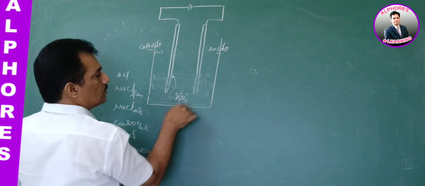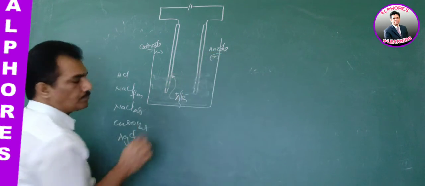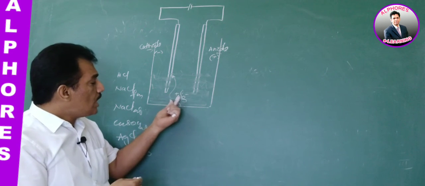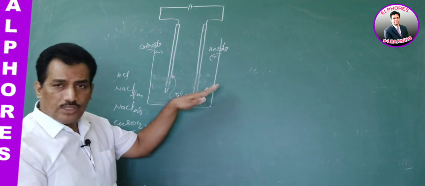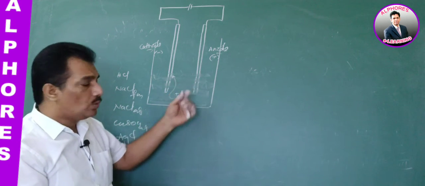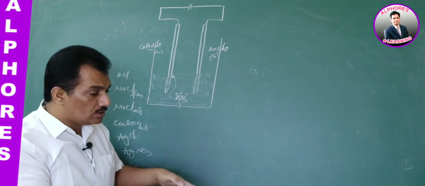So till now what we discussed is which ion migrates to which electrode, and after reaching that electrode, which ion will be discharged first.